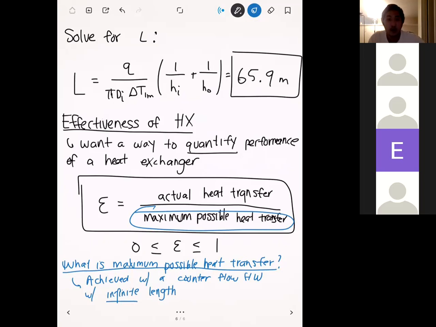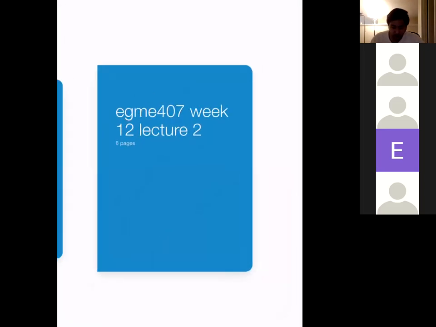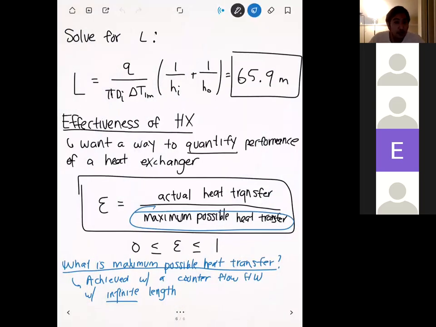Because if you have a counterflow heat exchanger with infinite length, that gives ample time for the fluids to exchange heat with each other. Just like we talked about last time, when you're comparing the performance of a parallel flow heat exchanger and a counterflow one, the counterflow one will always do better with longer lengths, because the hallmark of a counterflow is a consistent amount of heat transfer all throughout.